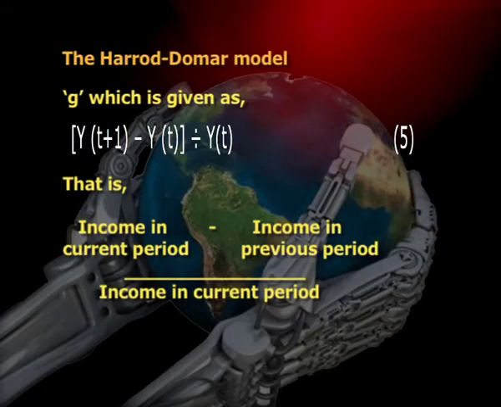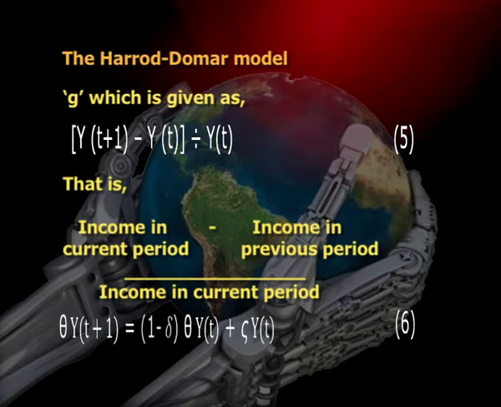Let us define growth rate of output, which is given as G. G is equal to Y in time period T plus 1 minus Y in time period T, the whole divided by Y T, that is income in current period minus income in previous period divided by income in the current period.